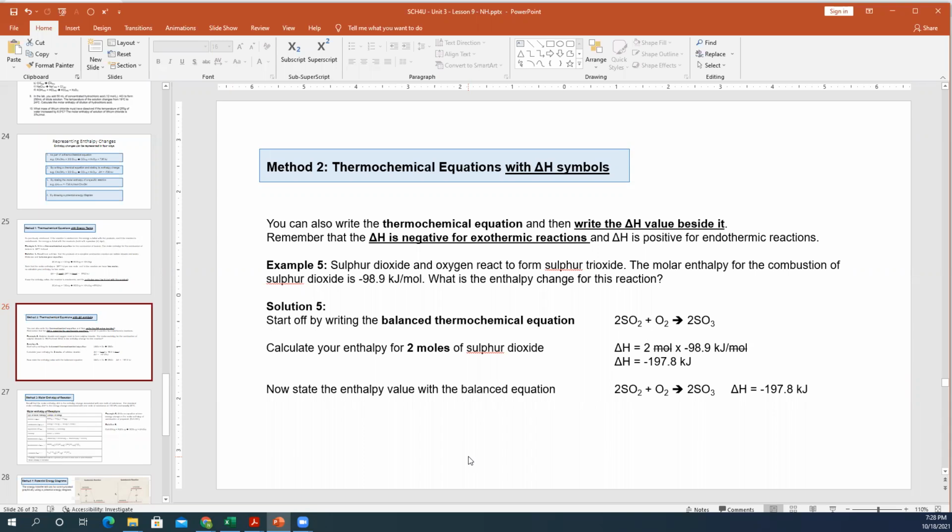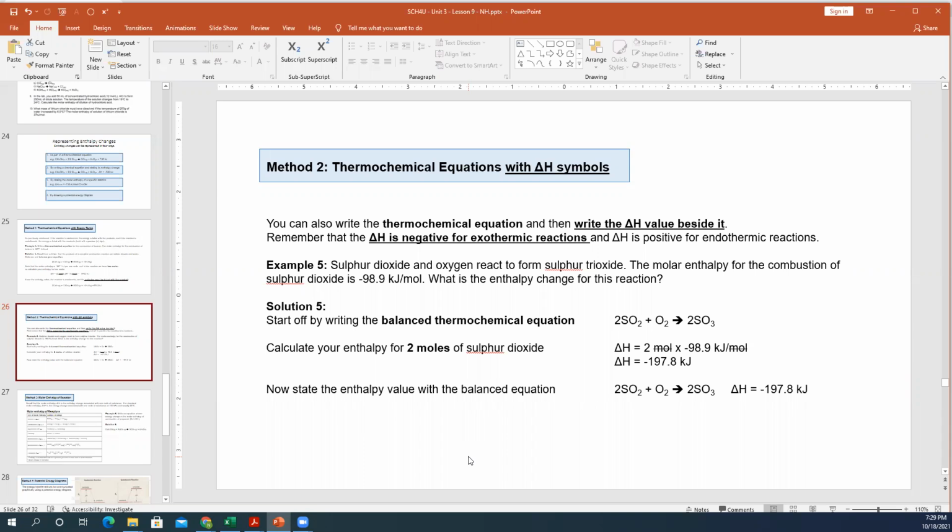So here in this example, we have sulfur dioxide and oxygen react to form sulfur trioxide. The molar enthalpy for the combustion of sulfur dioxide is minus 98.9 kilojoules per mole. And you're being asked, what's the enthalpy change for this reaction?